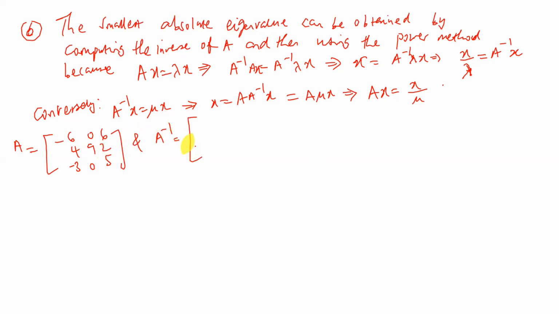And A inverse is thirteen out of 54, 0, 1 over 9, 0, 1 over 2, minus 1 over 3, 1 half. This is the inverse.